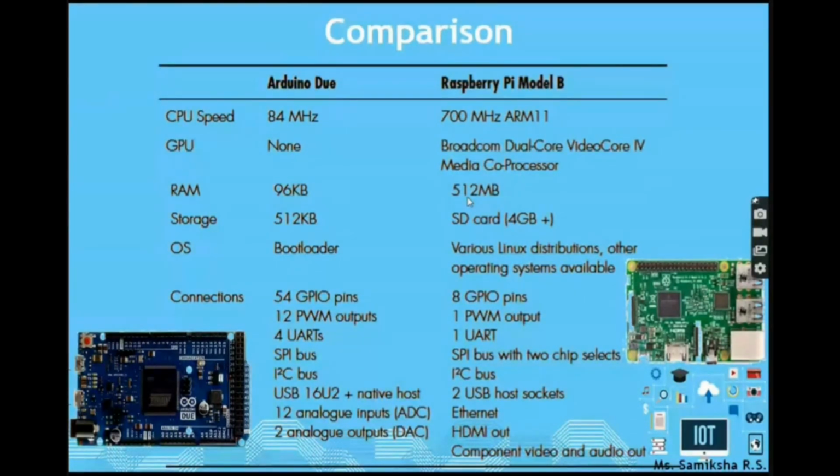Then we talk about storage. You have 512 KB of flash storage, and here you have SD card storage, where you can insert 4 plus GB SD cards. If we talk about Arduino, there isn't a built-in or default operating system, but you do have a bootloader.